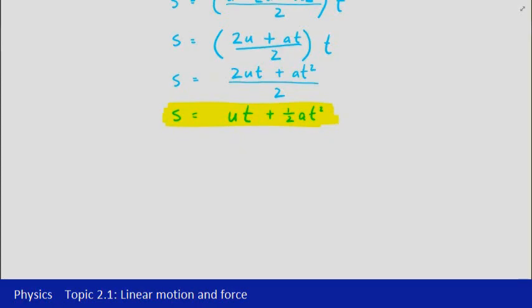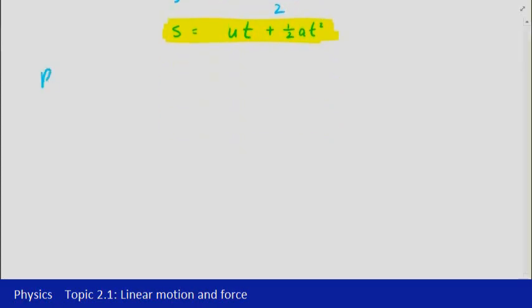The last one, we need to rearrange one of the equations. So from our acceleration, we had a is equal to v minus u on t. We're going to rearrange that to give t is equal to v minus u on a.